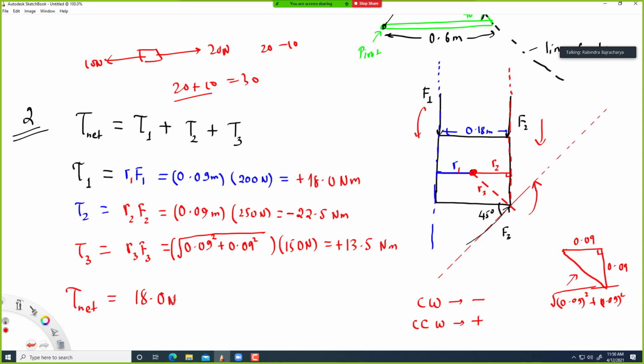So that means T net is 18 Newton meter minus 22.5 Newton meter plus 13.5 Newton meter. Okay, so that would be, is that 14.5?